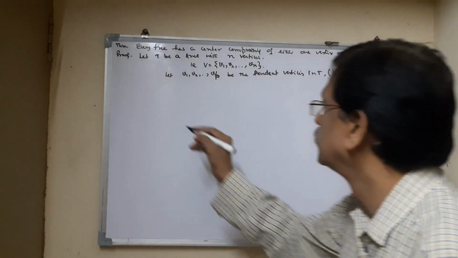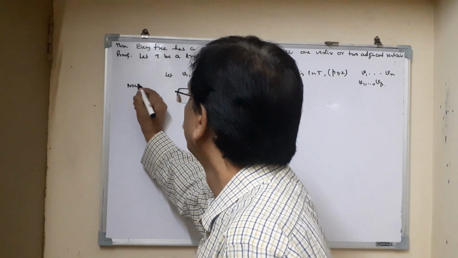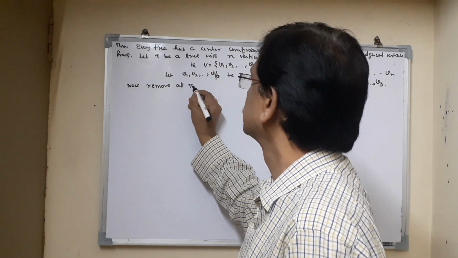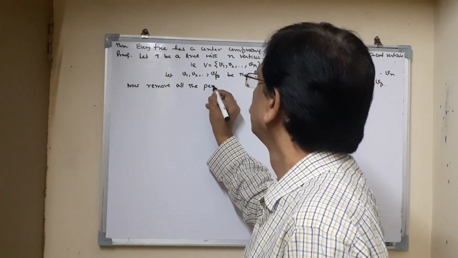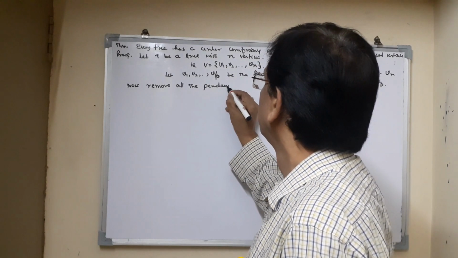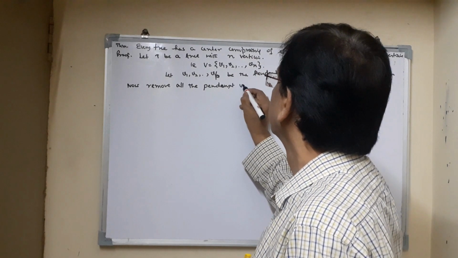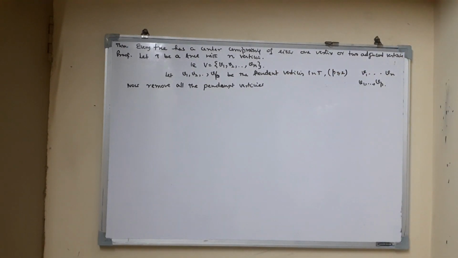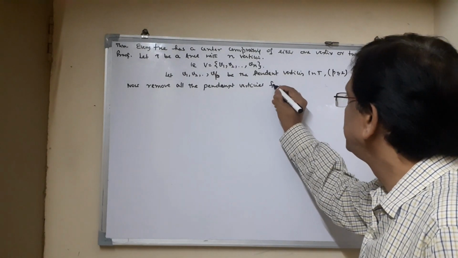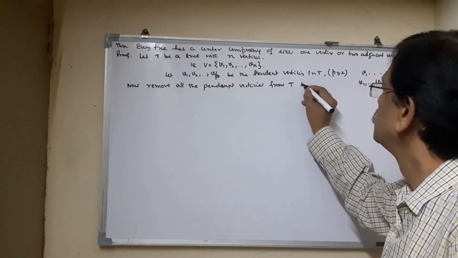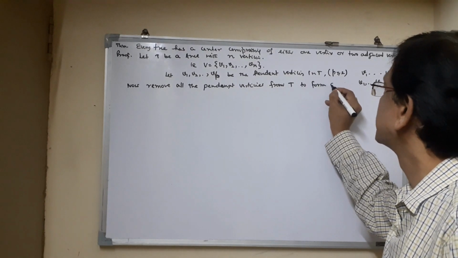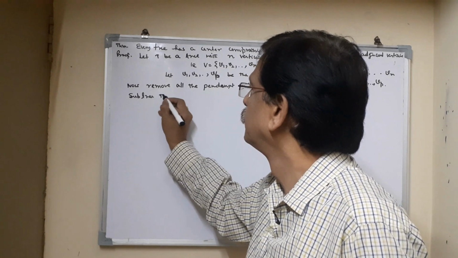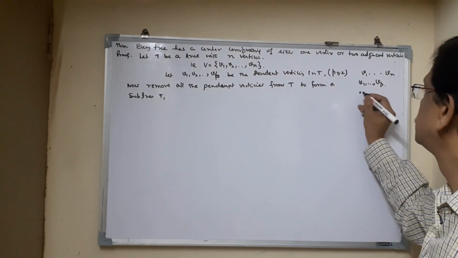Now remove all the pendant vertices from T to form a subtree T1. Now again, this is a model.